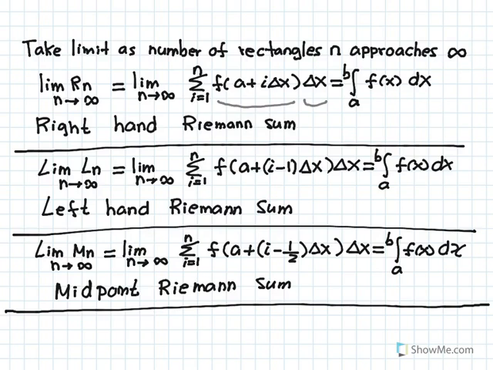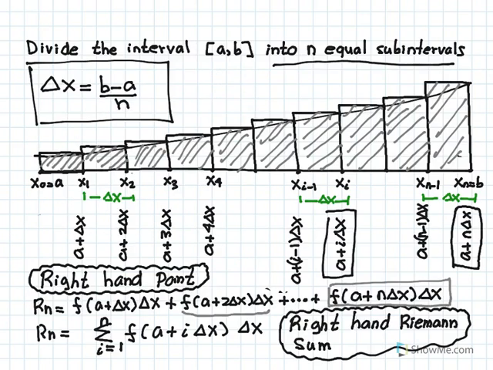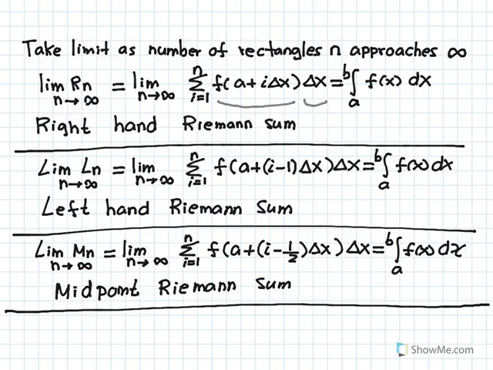This is known as a right-hand Riemann sum, and you can see that in this case, as n goes to infinity, the extra bits of these rectangles disappear, and you get the exact area under the curve. In fact, in all cases that happens. As the number of rectangles approaches infinity, the Riemann sum becomes the exact area under the curve.